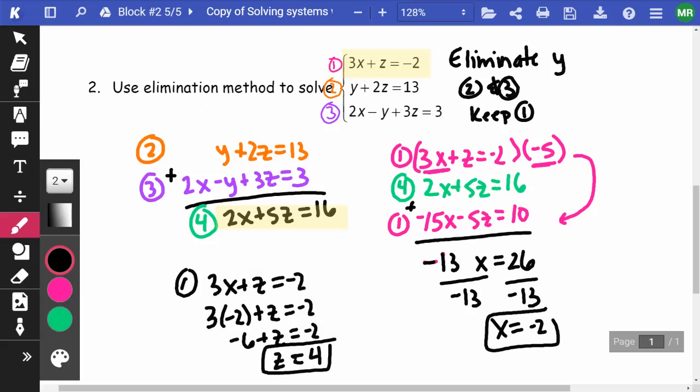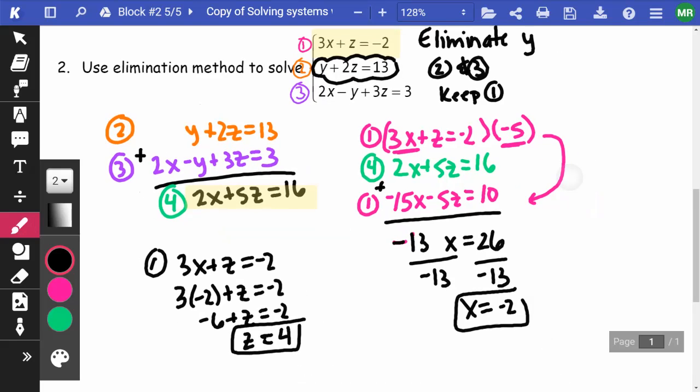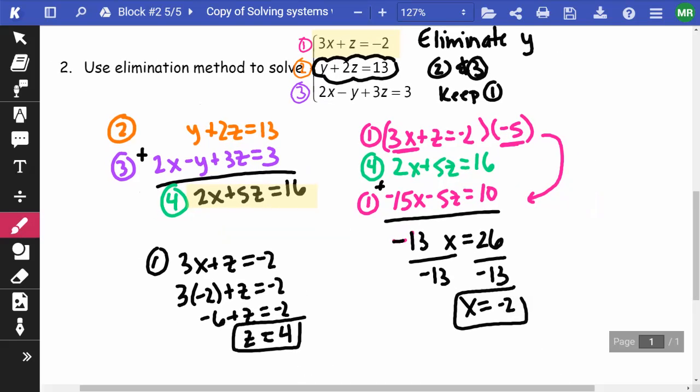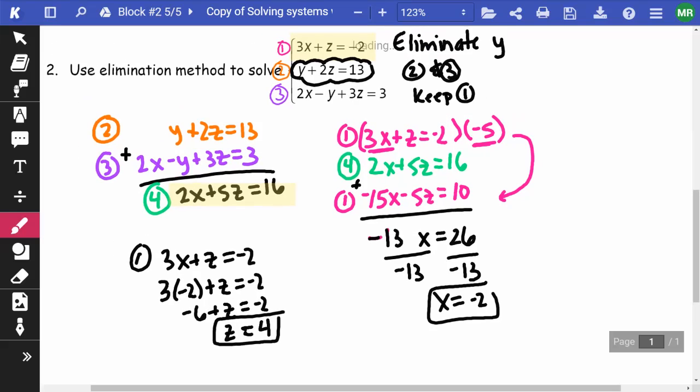Now I can take these, and I'm trying to find my y. I could plug it into number 3. Number 1's not going to help because there's no y in it, but I think I'm going to use number 2. Okay, so I'm going to plug it into number 2. The equation is y plus 2z equals 13.